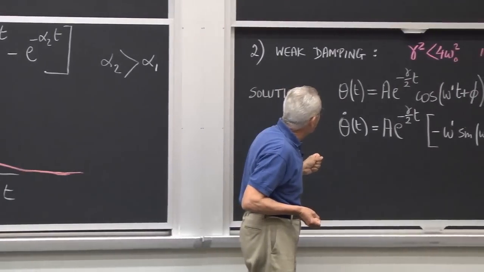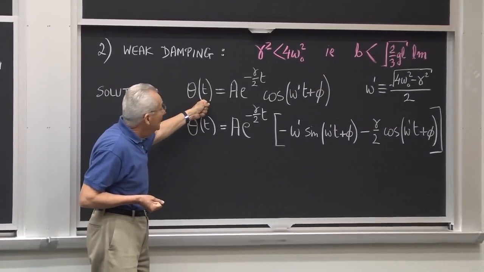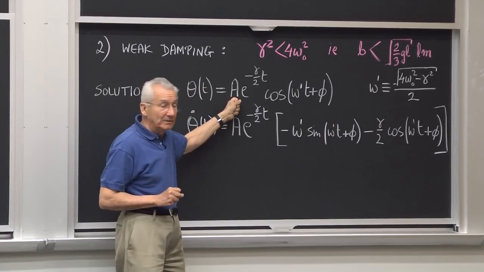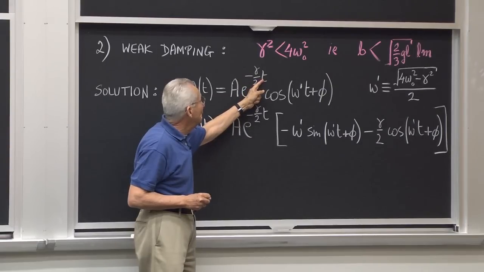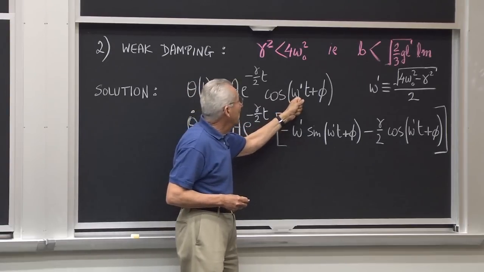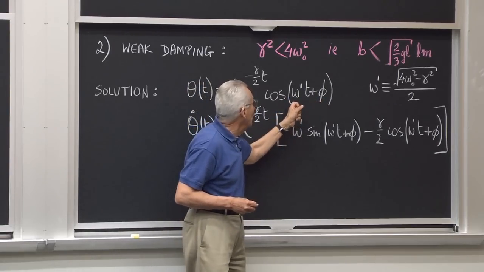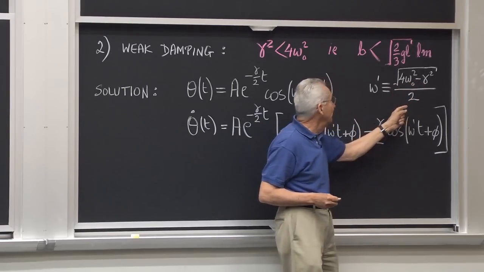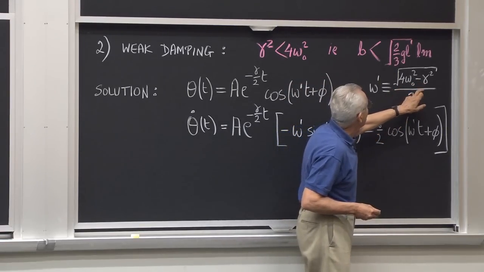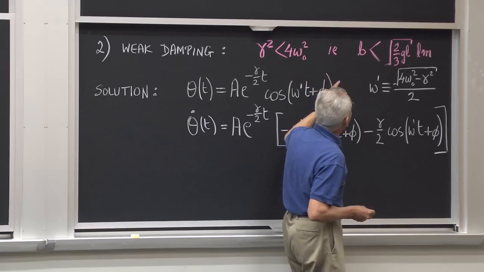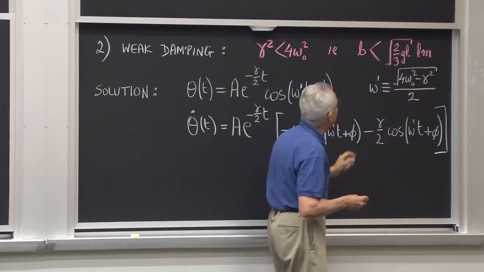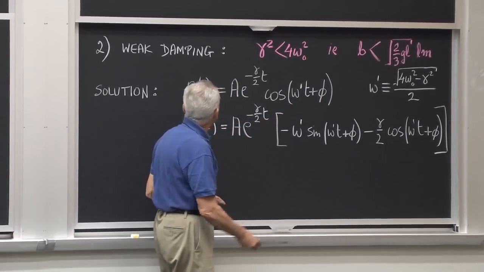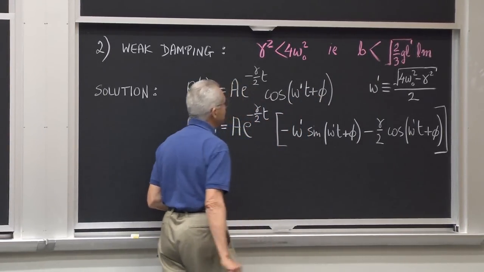One finds that theta of t is equal to some arbitrary constant A, e to the minus gamma over 2 t, times cosine of omega prime t plus phi, where omega prime is well defined in terms of omega 0 and gamma, given here. And there's no problem. Now gamma squared is less than that, so this is a real number, so there's no problem with that square root. Plus phi, so we have 2 arbitrary constants.